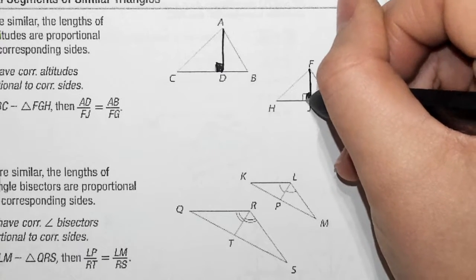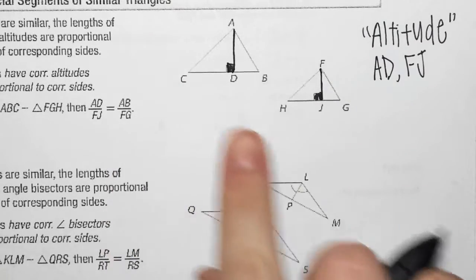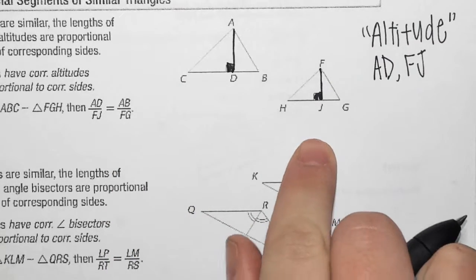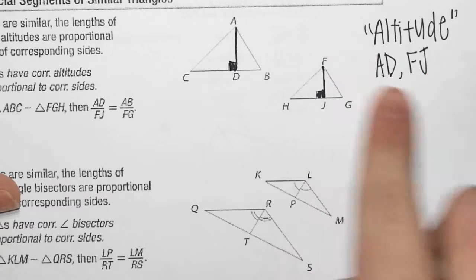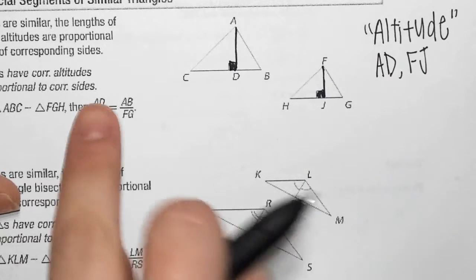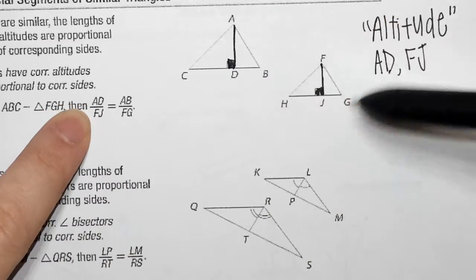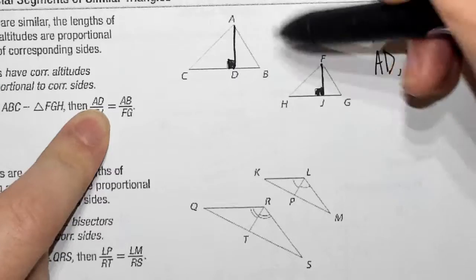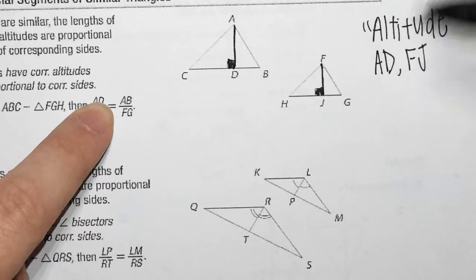The reason that's important is because these 2 triangles are similar, and because of their altitude, we can set up a proportion using the altitudes. So your proportion would be set up AD is to FJ as AB is to FG. Okay?